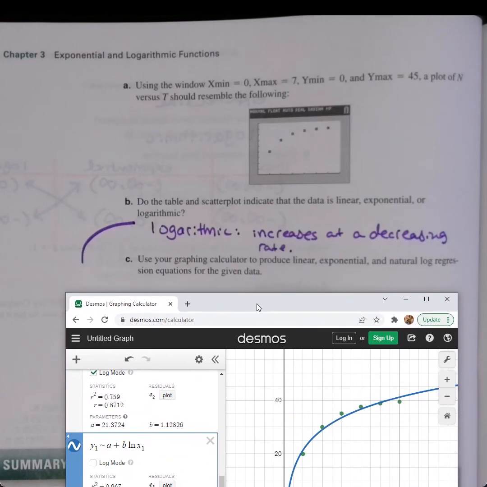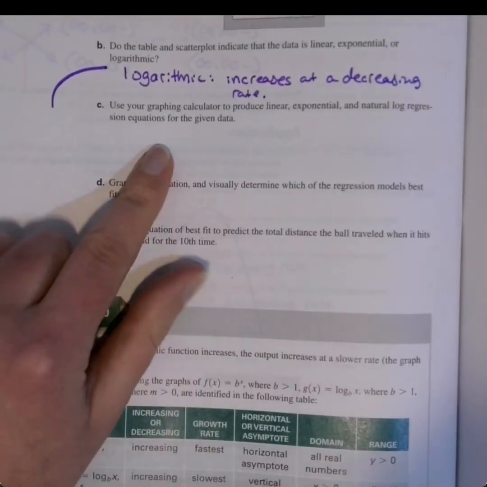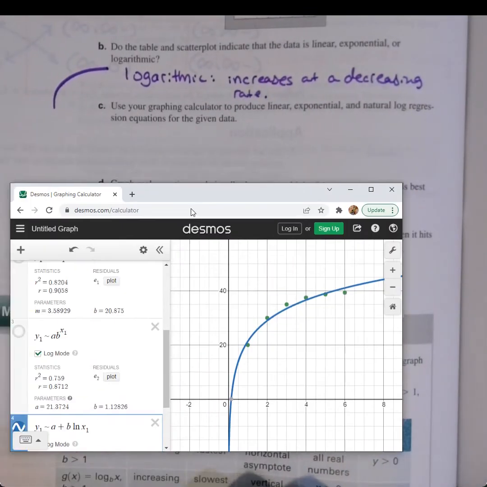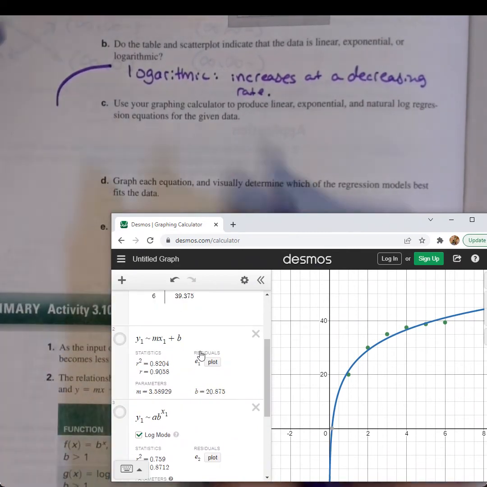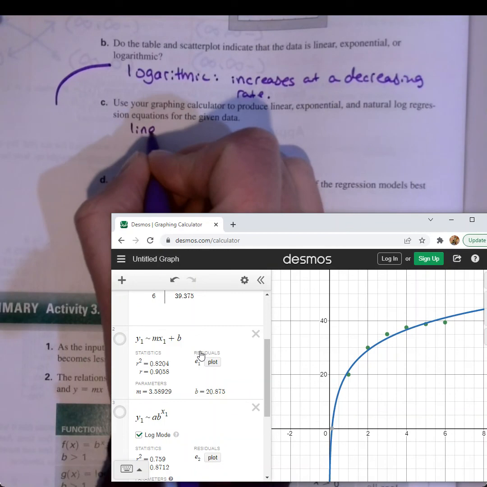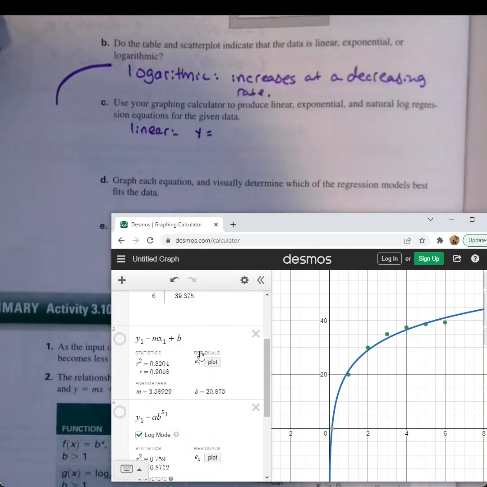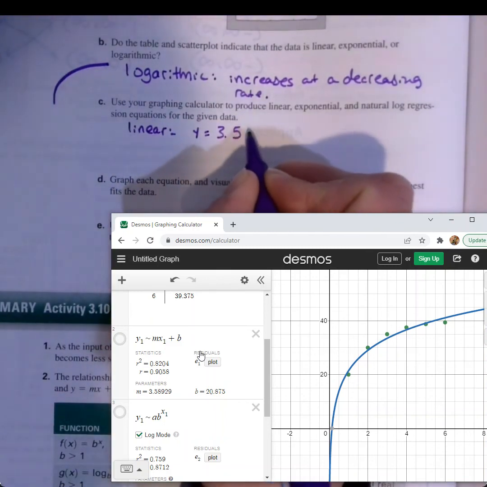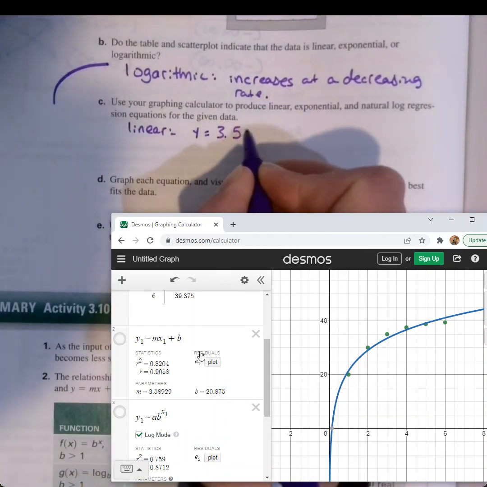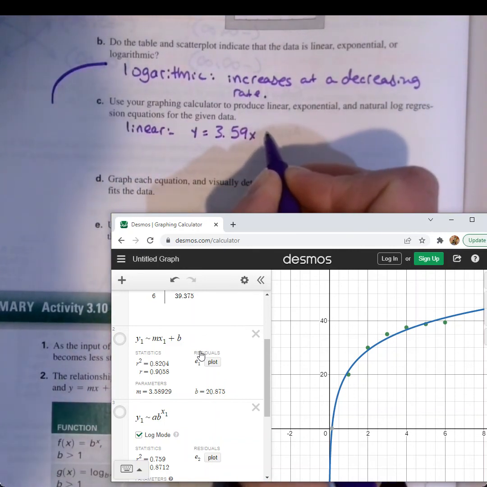So they want us to write them all down. Okay, so the equations here, if I slide this back over, I can see them. So our linear equation would have been y equals 3.59x plus 20.88.